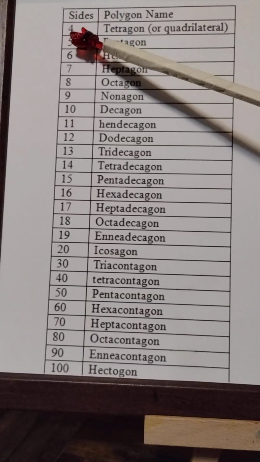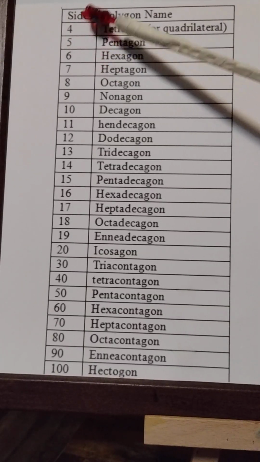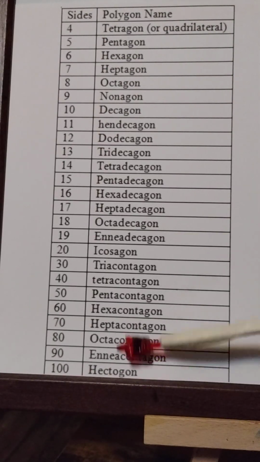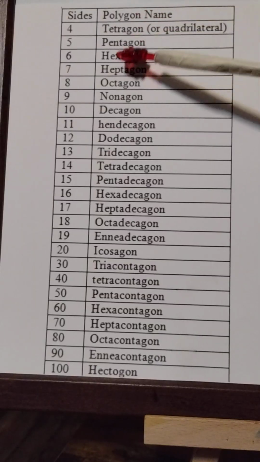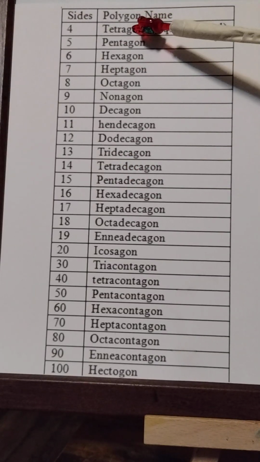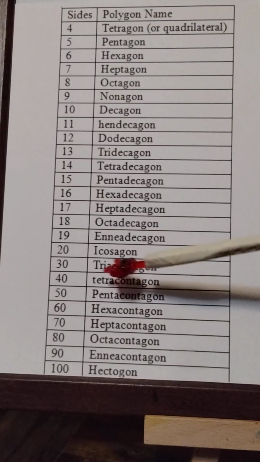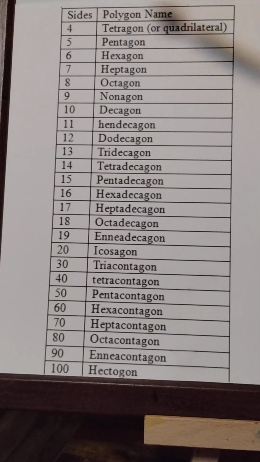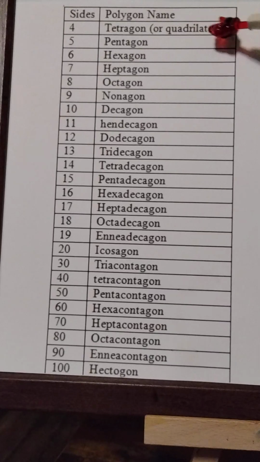It did not mention a triangle, but I'm just going to go ahead and say from the number 4 to 100, there are all different numbers representing sides, straight lines where two meet. So for four-sided, it's a tetragon or a quadrilateral.